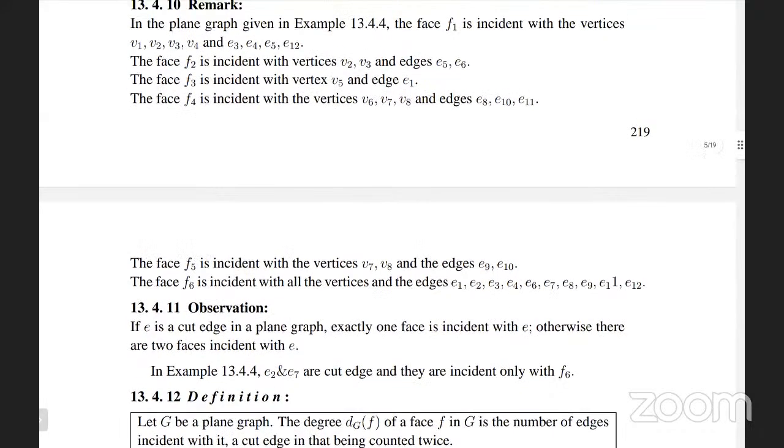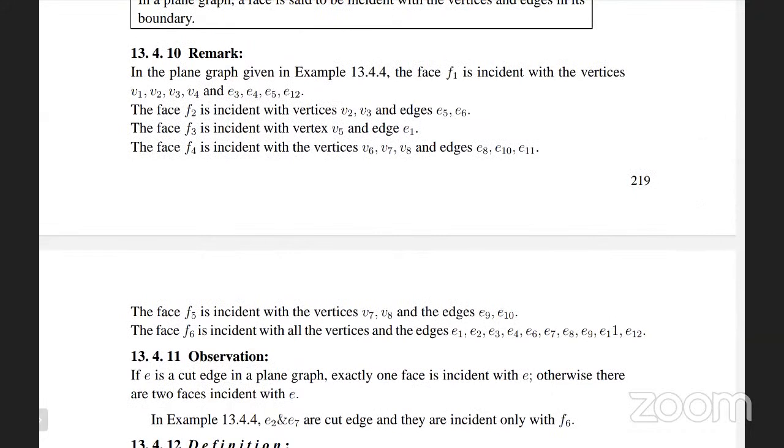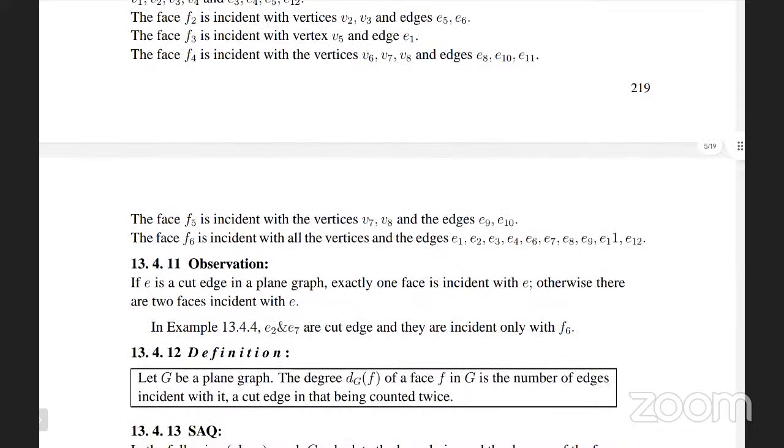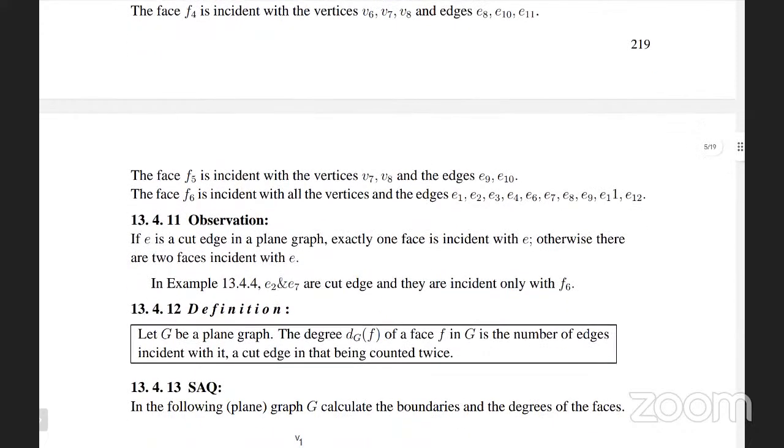Now I will take the vertex V5. V5 is also incident. V6 is incident with the edges E1, E2, E3, E4, E6, E7, E8, E9, and E11 and E12 also.